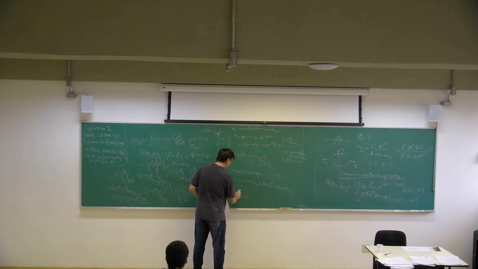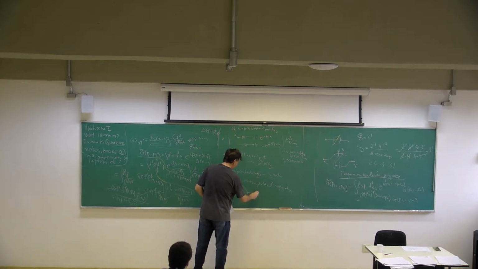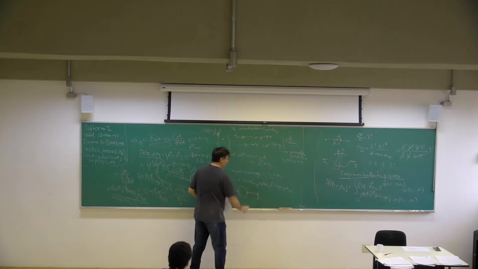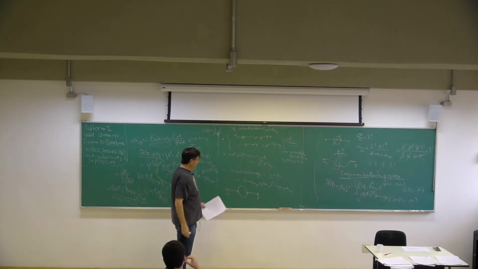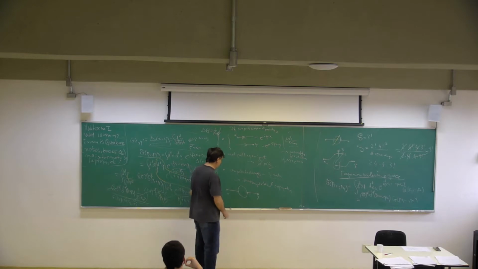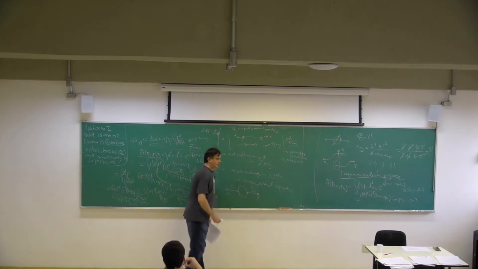if I have a diagram, let's say I have this diagram in x space, right? Now, if I write this diagram in momentum space, there are two ways I could write it. I could still put momenta in here, right?